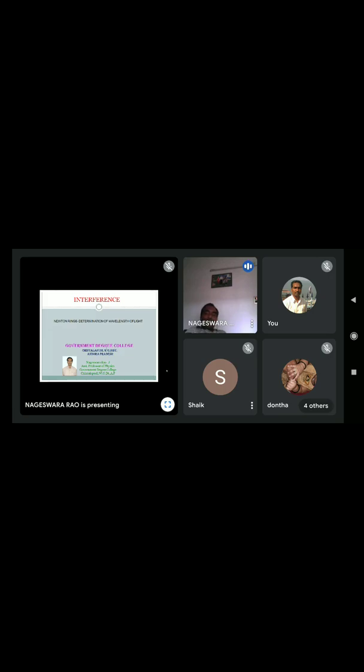That is the experimental arrangement; once again we will look into this. P is a plane glass plate on which a plano convex lens is placed.